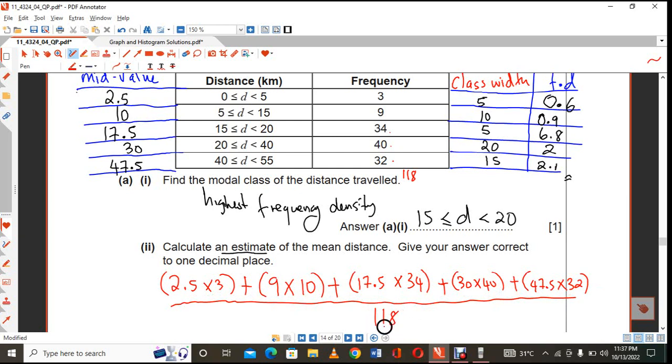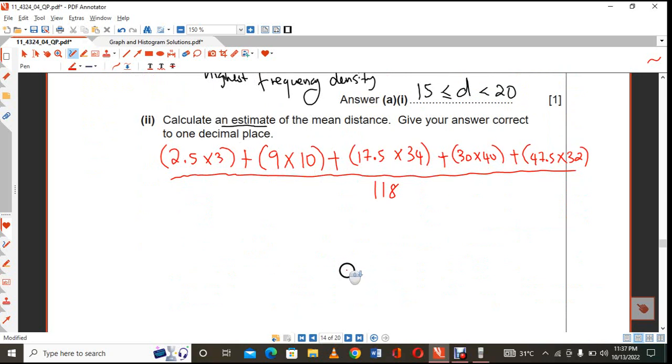The answer will just be an estimate. If you punch this into your calculator, the number on top becomes 6,825, and 6,825 over 236 gives you 28.91949 and so on.